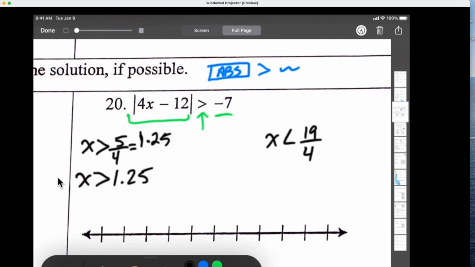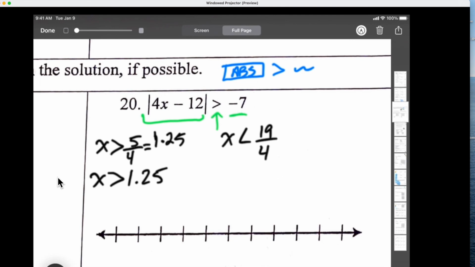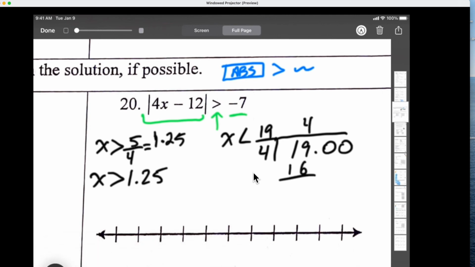And we're going to do the same thing here with the 19 over 4. I'm going to change that to a decimal to make my life easier. I can visualize it better. So the 19 drops in, and I add 2 zeros. How many times does 4 go into 1? We can't. 4 goes into 19 4 times. 4 times 4 is 16. 3, bring down the 0.